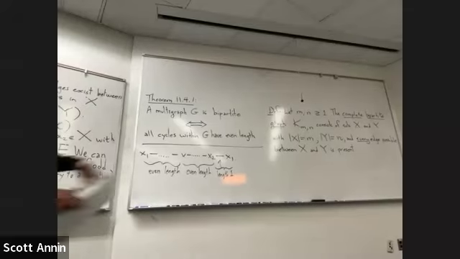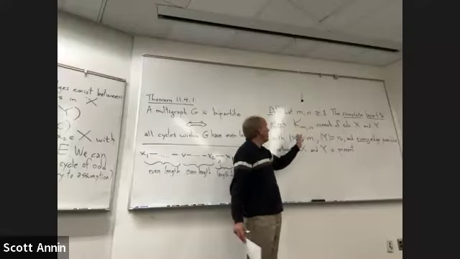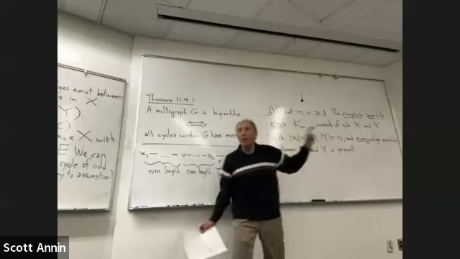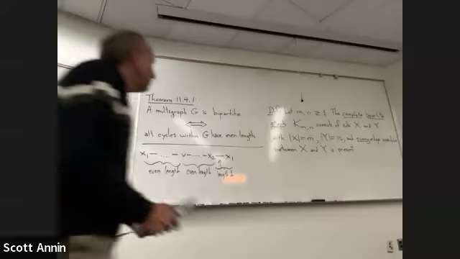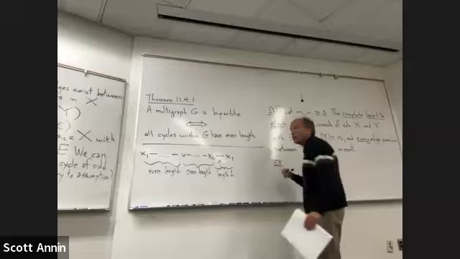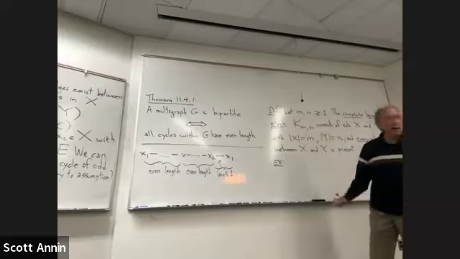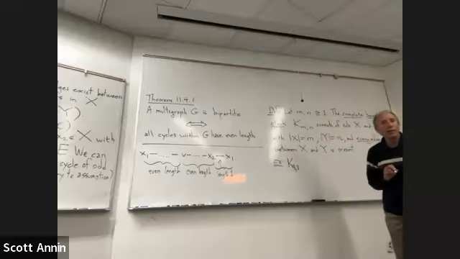And so you can do things like figure out how many edges this graph has. Obviously, the number of vertices is m plus n. But then how many edges is it? Maybe we'll just do a quick example. You can use the handshaking theorem, for example. Say I wanted to write down K of 4, 3.